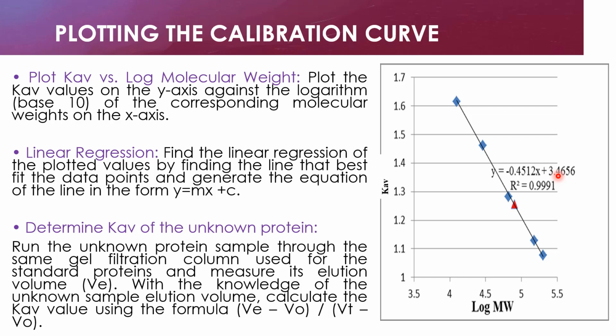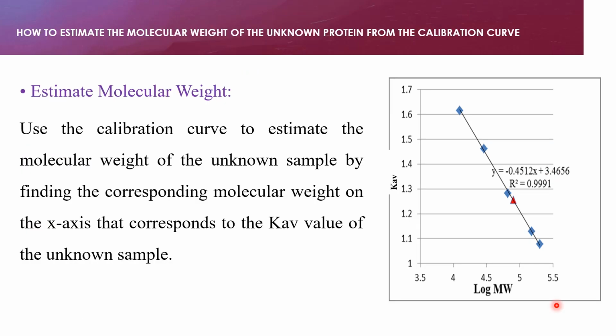What we have to note is that with the knowledge of the unknown sample's elution volume, we then calculate the partition or the distribution coefficient using the formula Ve minus V naught divided by Vt minus V naught, as explained earlier.